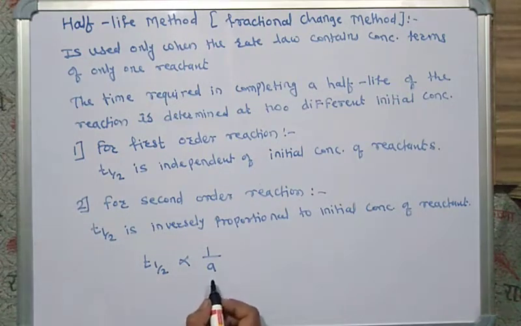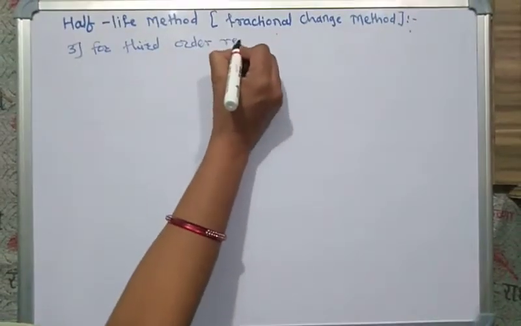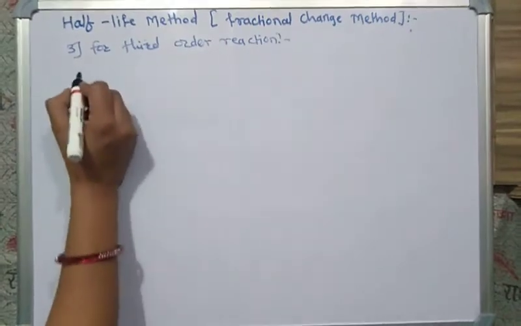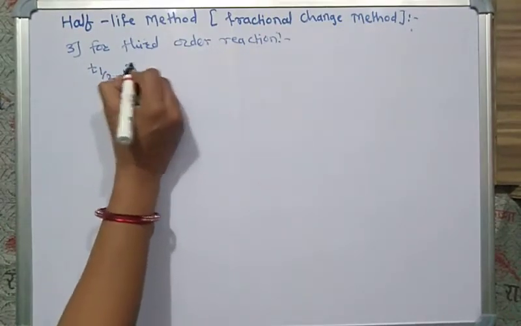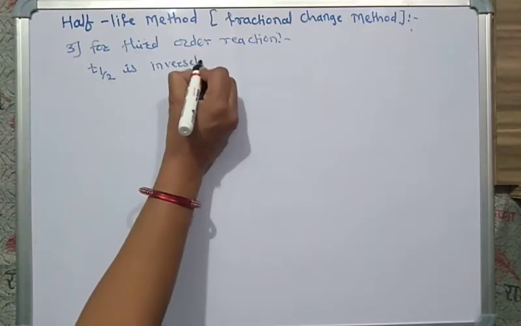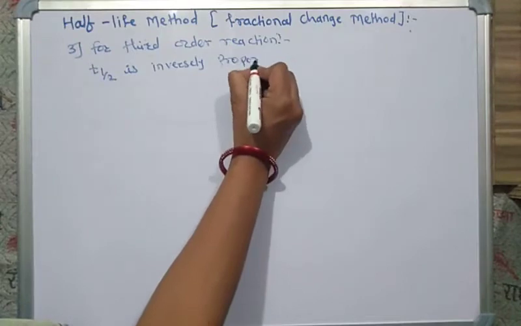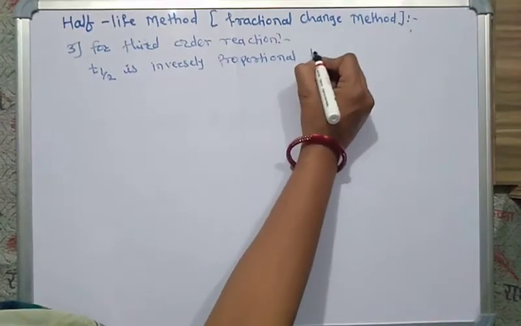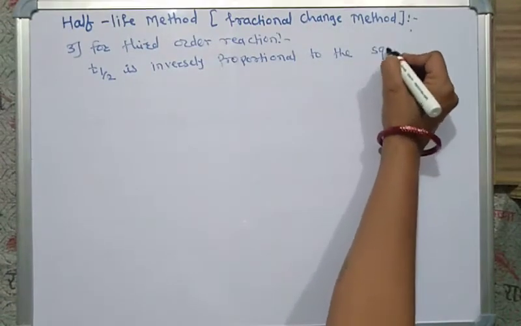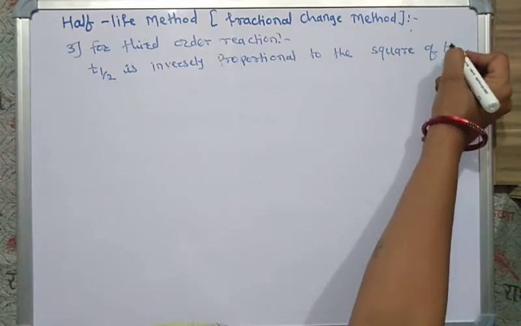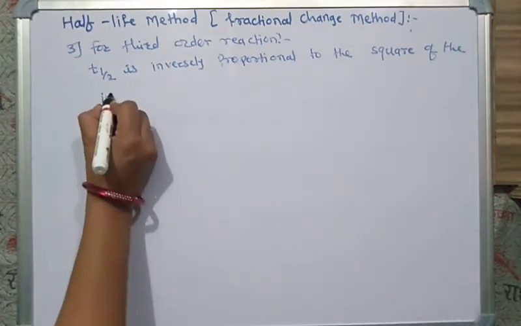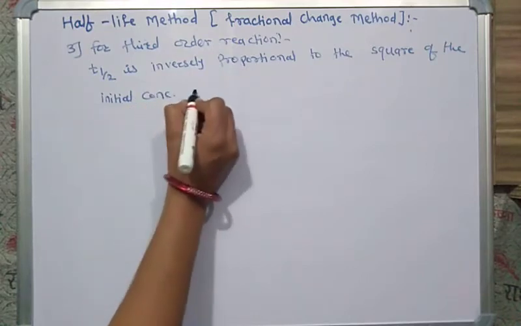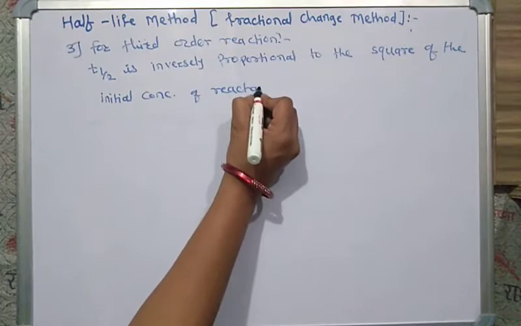So, we see the third order reaction. In this case, the half-life T half is inversely proportional to the square of the initial concentration of reactants.